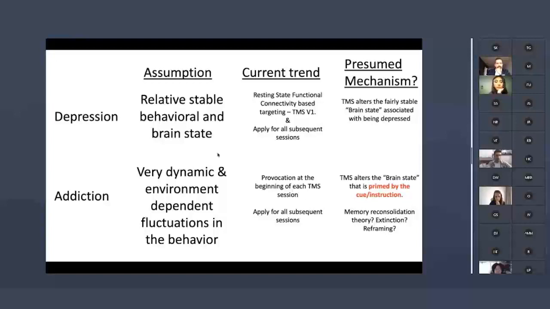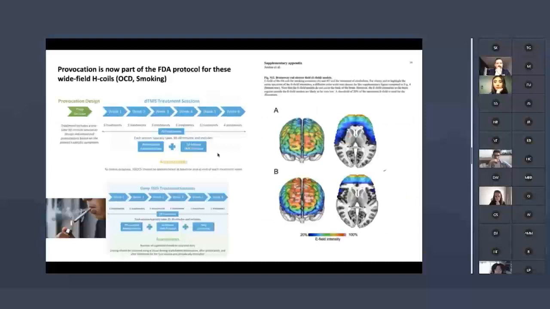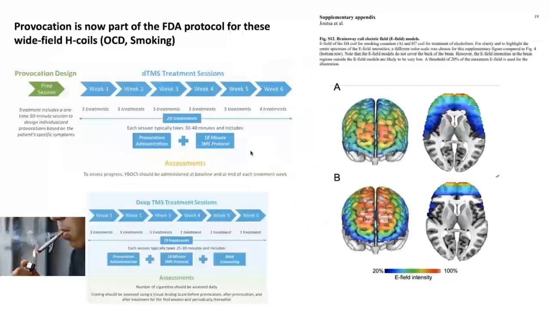Next. Just very quickly, provocation is now part of the FDA-approved protocol for OCD. So there's always priming initially before the TMS is given. It's also true in the FDA protocol for smoking. There's always a smoking prime before the TMS is given.